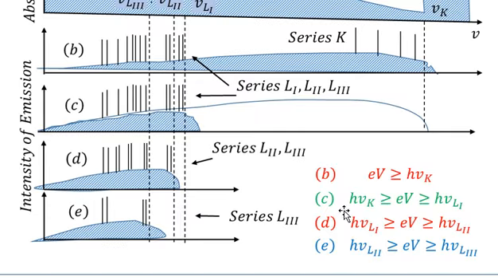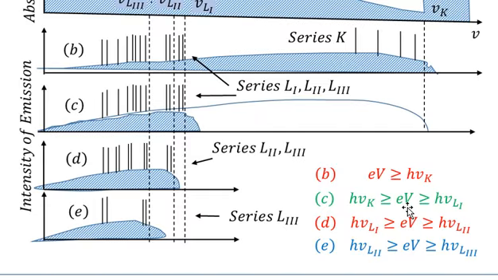But you know that in the C plot, the value of the electron energy is greater than h nu L1 but less than h nu K. So h nu K is the energy required to obtain the K edge or to ionize the K electron in the atom.